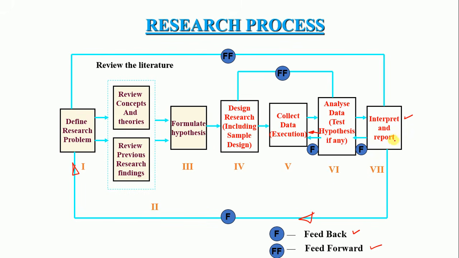Whether we are getting the conclusion accordingly to what we have decided as the research area, that we have to check. If it is not correct, then we have to check all the steps whether we have done them correctly or not. If not done correctly, then we have to make corrections in these steps. So this feedback is very, very important.